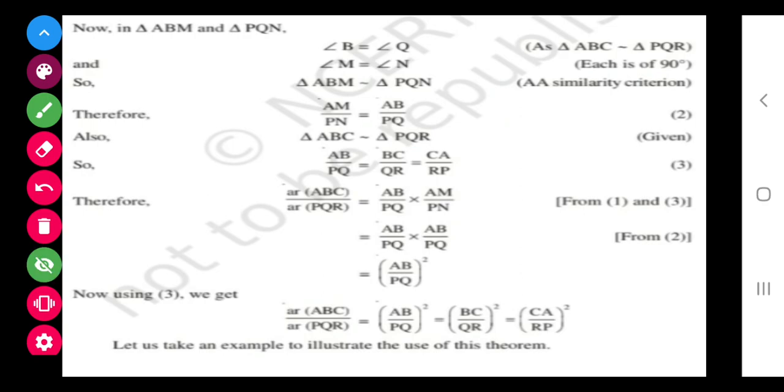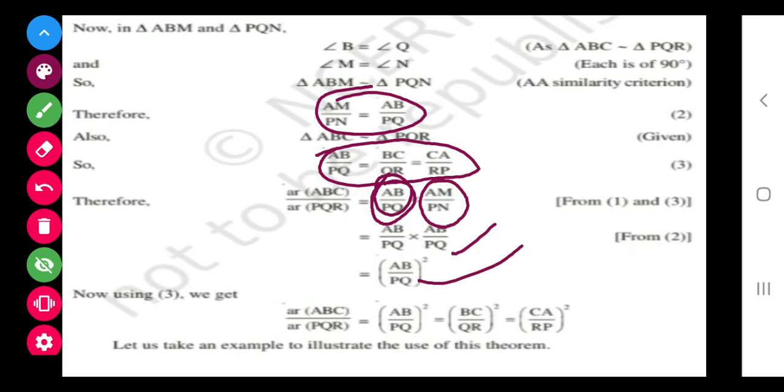Finally, in place of BC upon QR, this is written. In place of AM upon PN, we can write AB upon PQ by this, and AB upon PQ by this.